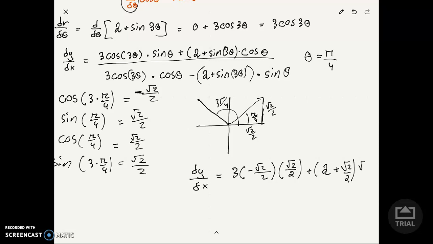Well, guess what that is? Root 2 over 2. Phenomenal. Over, and then 3 times cosine of 3 theta is negative root 2 over 2, cosine theta is root 2 over 2, minus 2 plus sine of 3 theta, root 2 over 2, times sine of theta, root 2 over 2.